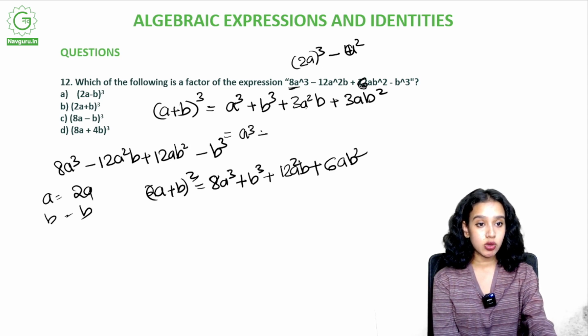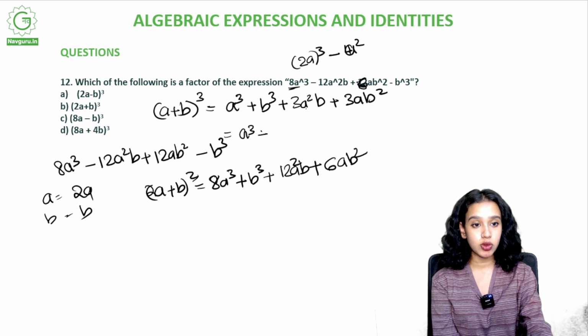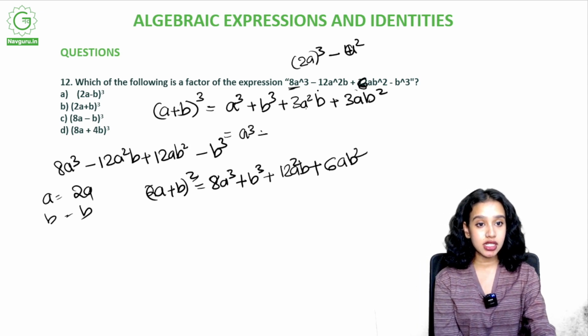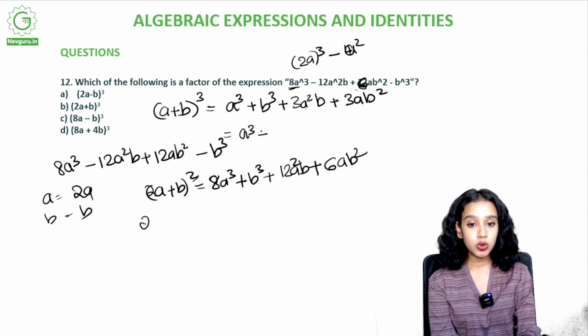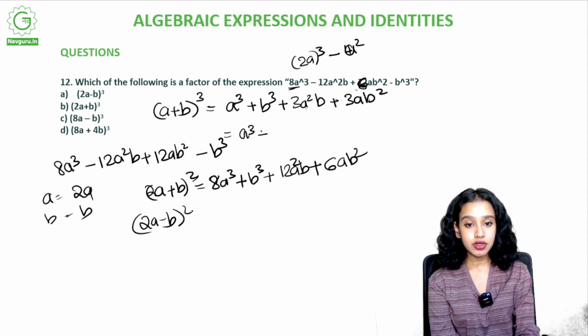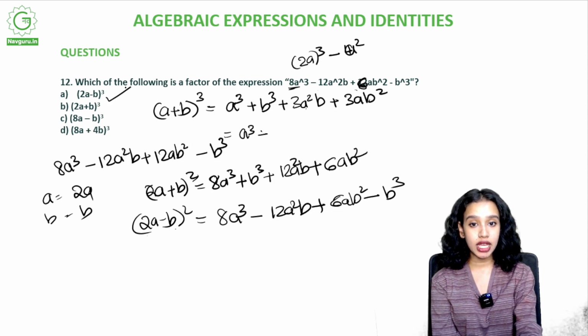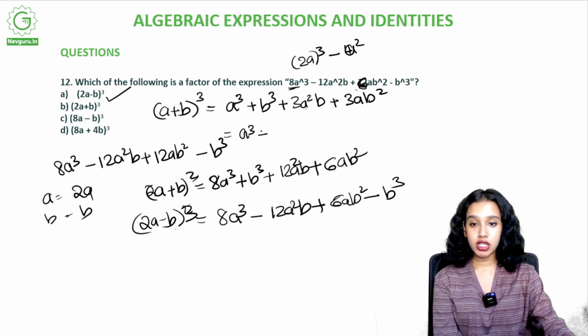This would be 6ab square. It's a simple mistake in the question. So, this is plus, this is minus, right? So, what is 2a minus b the whole cube? This would be 8a cube minus 12a square b plus 6ab square minus b cube. So, the answer for this question is 2a minus b the whole cube. This is cube. Now, let's move on to the next question.